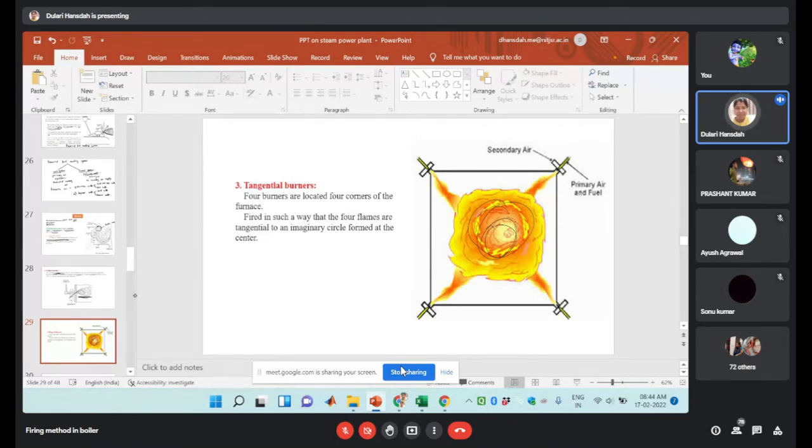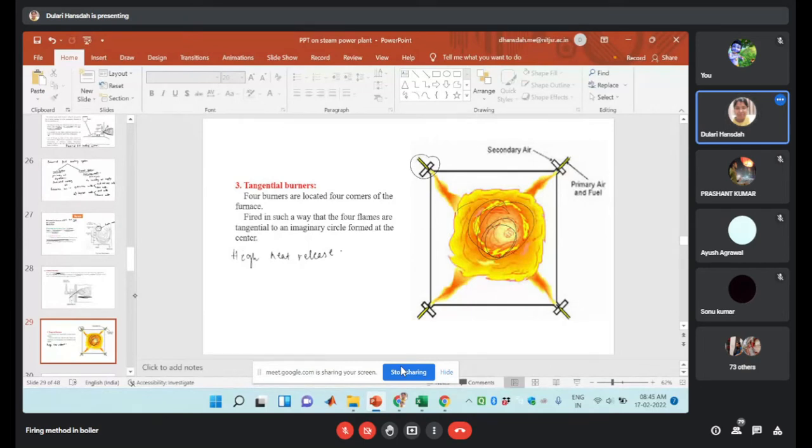In this case, it has different advantages. The burners are well protected by the wall tubes of the furnace, so as per the safety aspect, it is well protected. The operation is also simple. As the center creates a cyclone or turbulence, you can get high heat release with complete combustion.